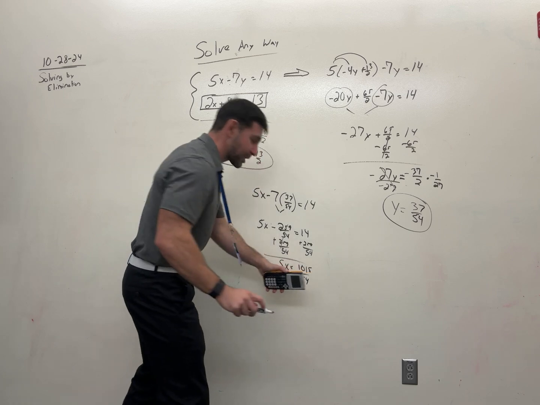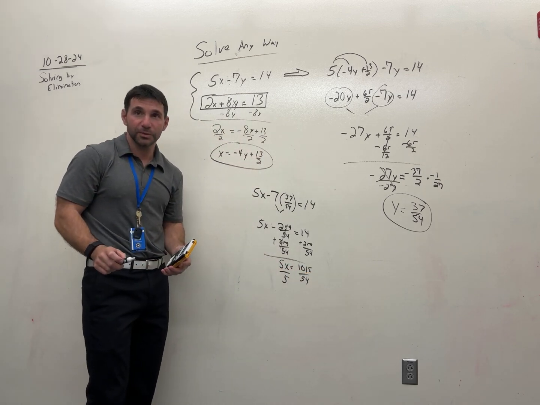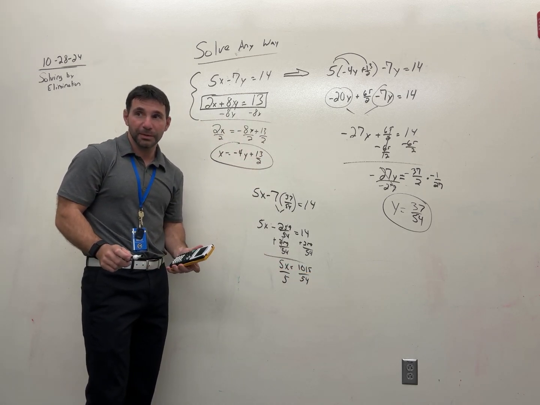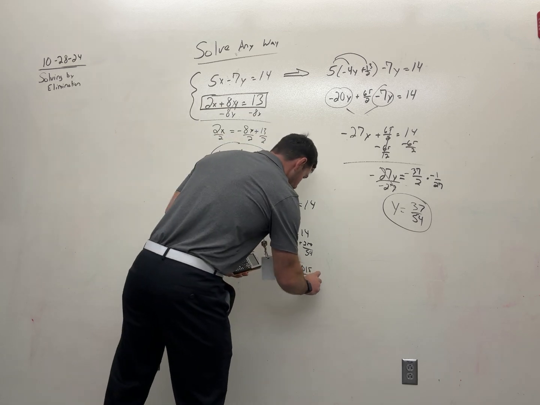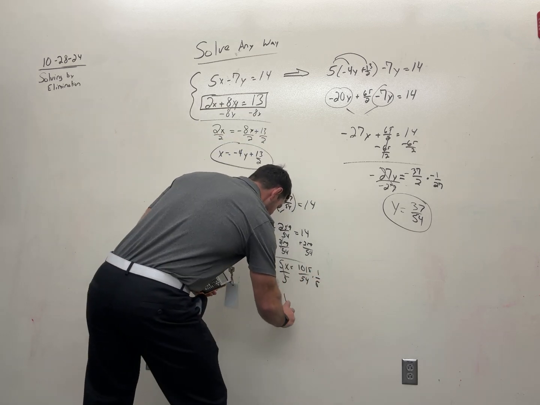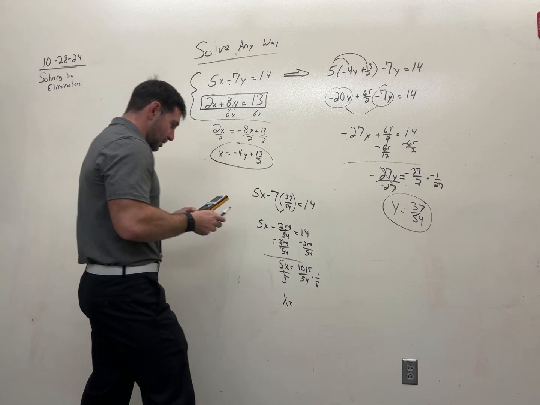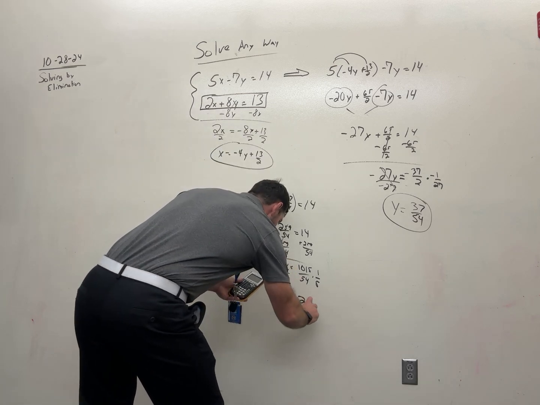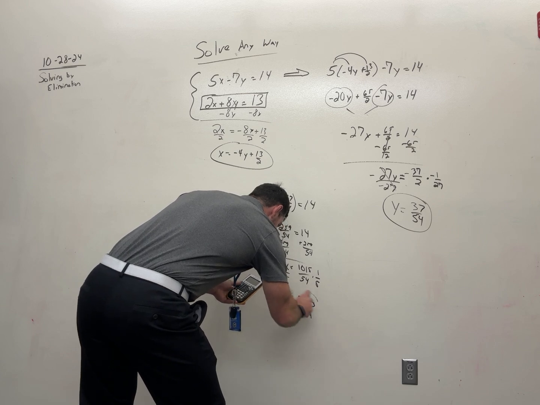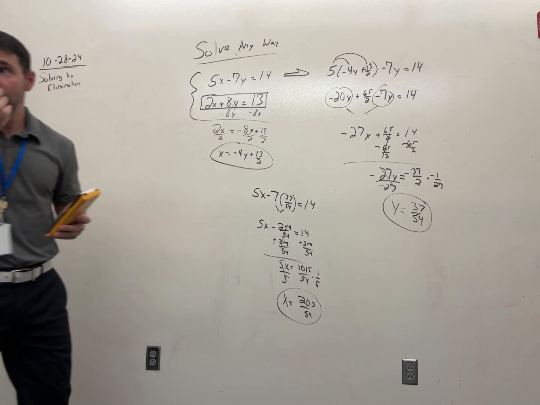Can I divide this fraction by 5? What do I have to do? Multiply by the reciprocal, multiplying by 1/5. That gives me x equals 203 54ths. Am I done?